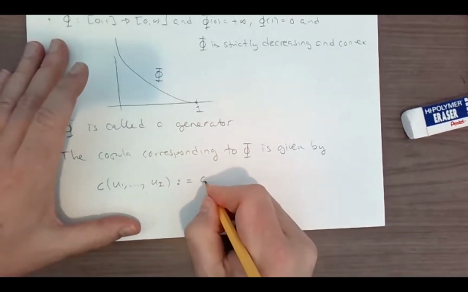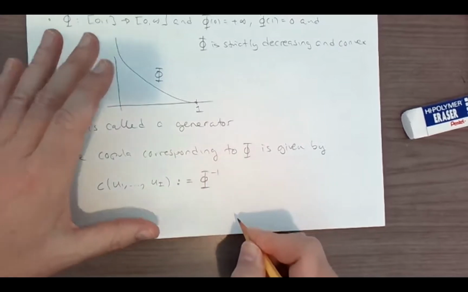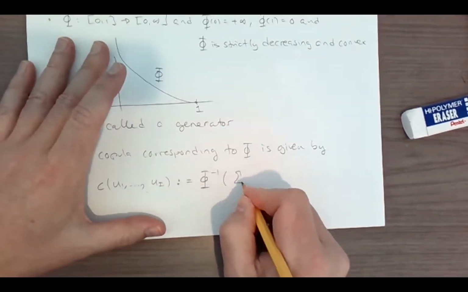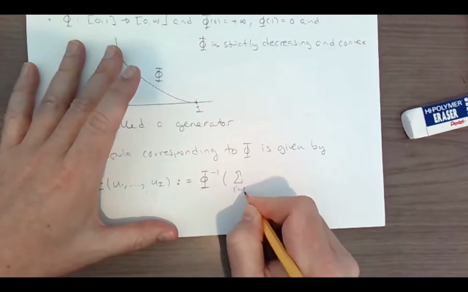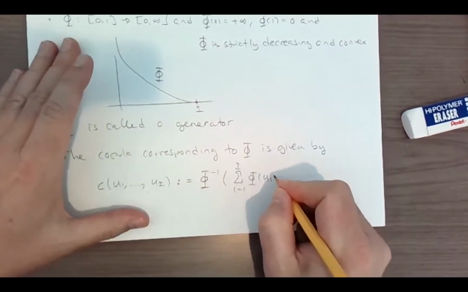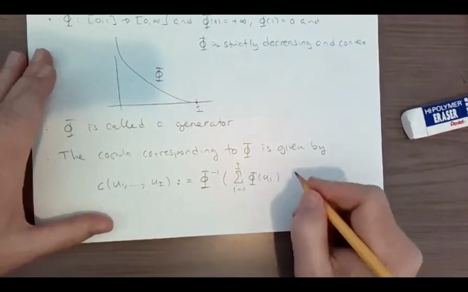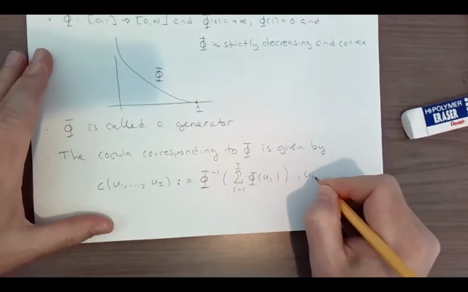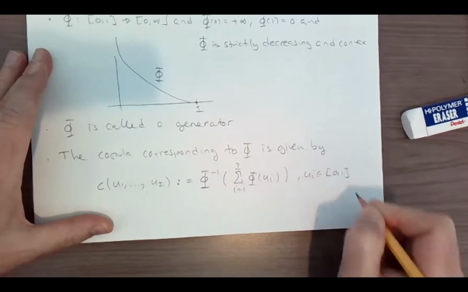This is defined as phi inverse applied to the sum of phi of ui, with ui's being between 0 and 1.